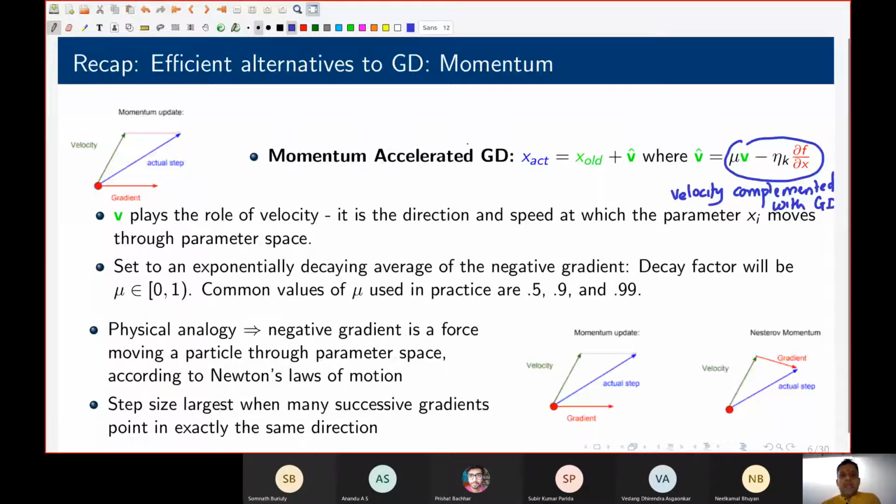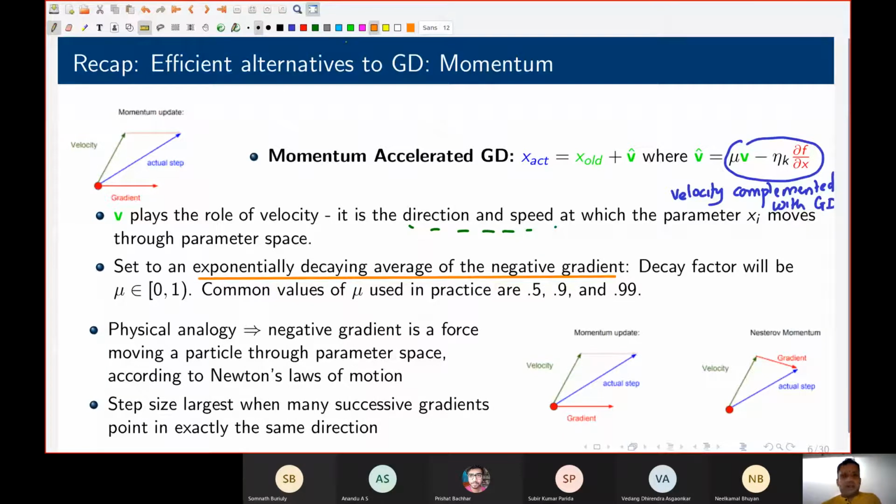Velocity has two components, that is direction and speed at which the parameter x moves. Obviously, I don't want too much of history baggage with me all the time. I would like to, at some point of time, do away with my history baggage. Therefore, there was also this exponential moving average, a decay average of the negative gradient.